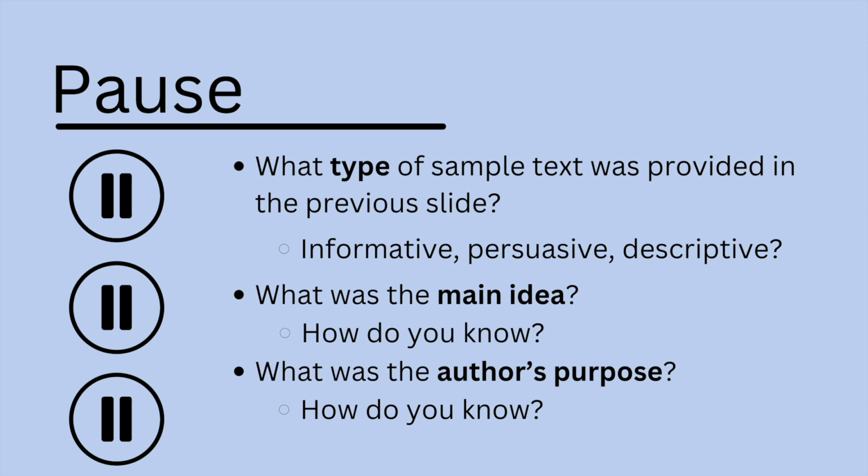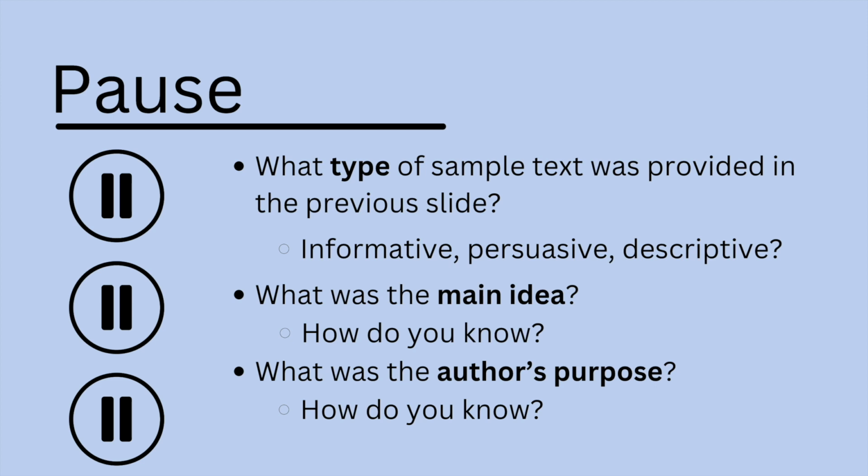Author's purpose is why the author wrote the text, and it can be inferred through analyzing what kind of text is provided. Is it persuasive, informative, or descriptive? If the text is informative, then the author's purpose is to inform.